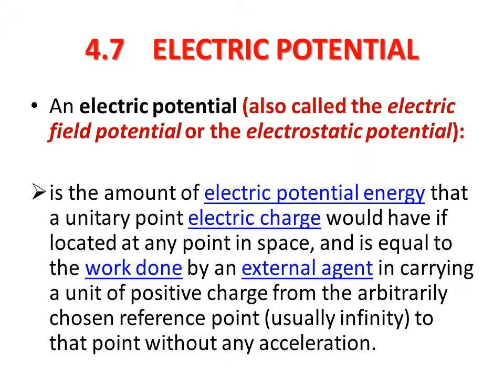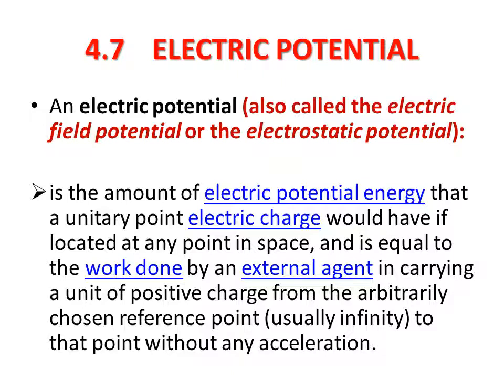The electrical potential, also called the electrical field potential or the electrostatic potential, is the amount of electrical potential energy that a unitary point electrical charge would have if located at any point in space.